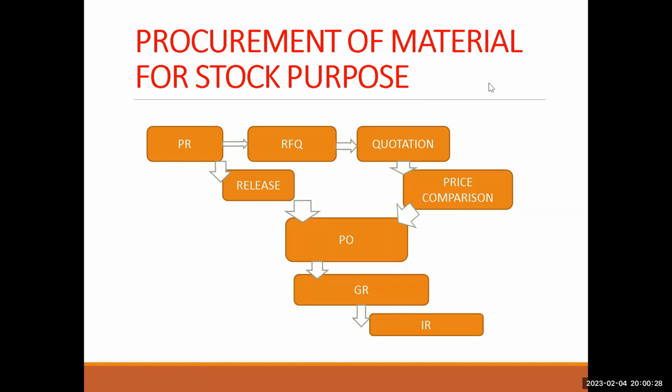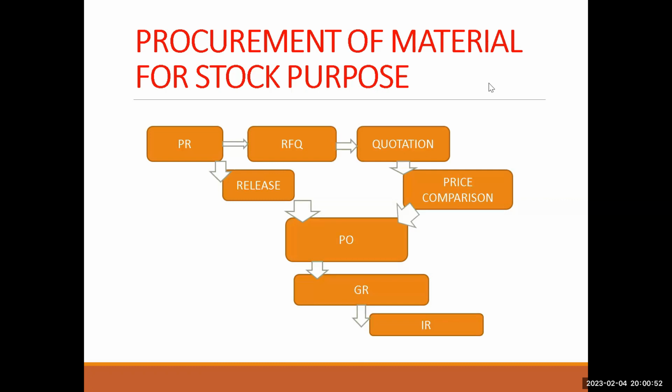We are procuring the material for stock purpose, meaning we will be keeping it as stock, and whenever we need, we will be issuing the goods or consuming it from the stock. That is called procurement of material for stock purpose. Normally the trading materials or the raw materials, we procure as stock.